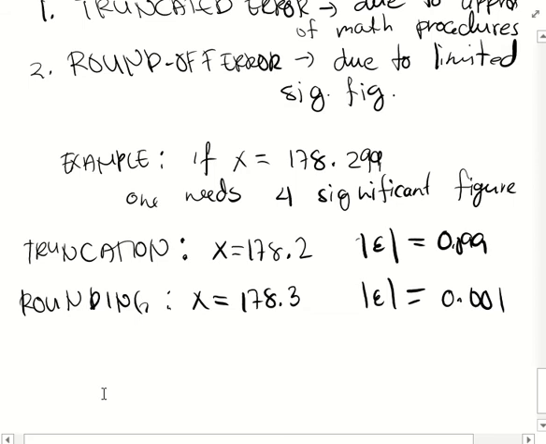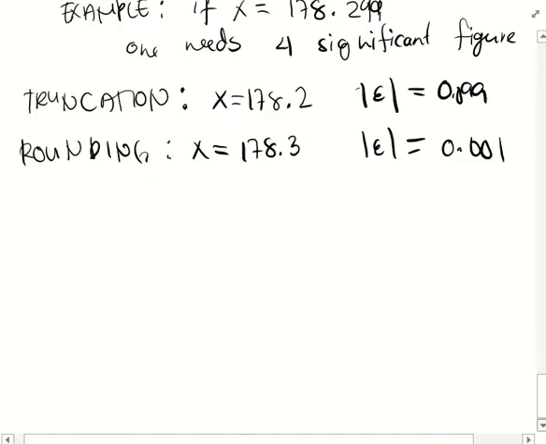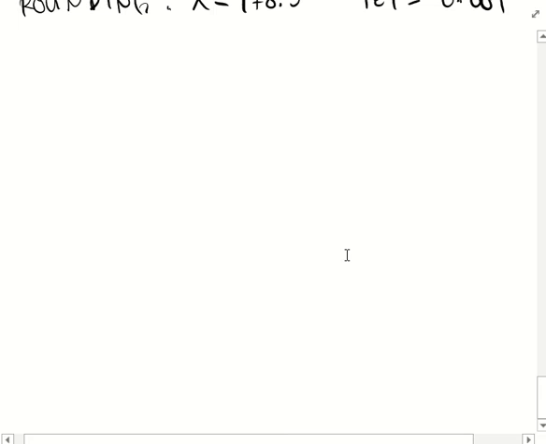They're not the same error, but they are the same in the sense that they are the result of approximation of some mathematical procedure. So now we can define an error. What's an error? We know the sources of error now, so how about we define them?